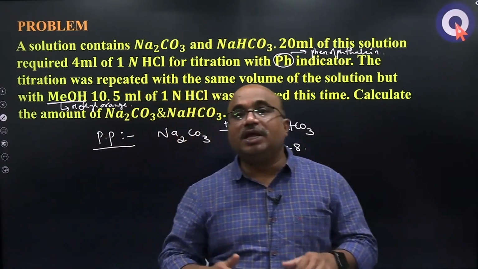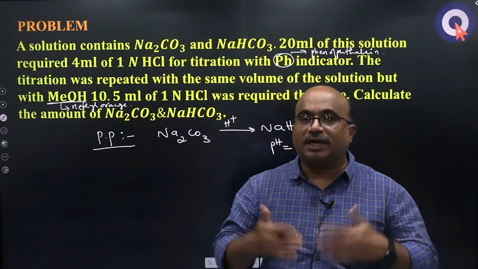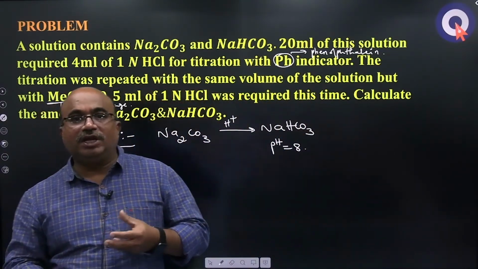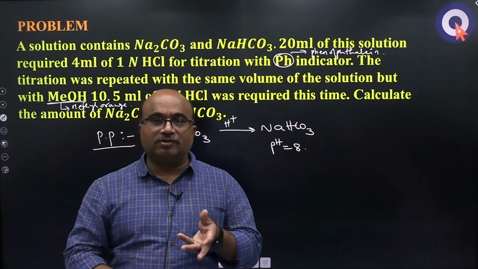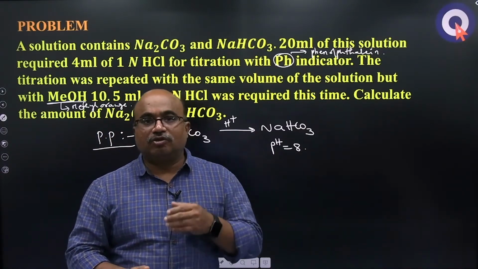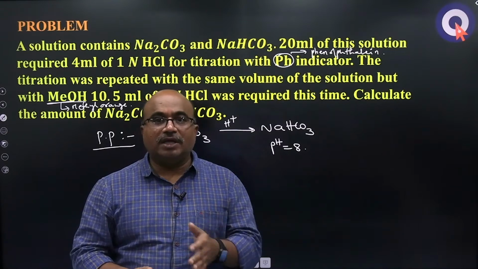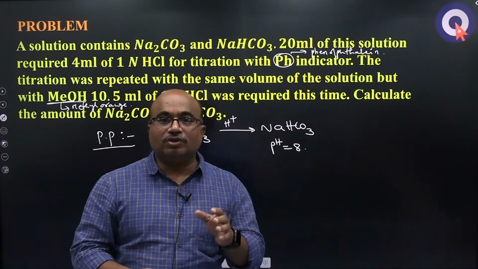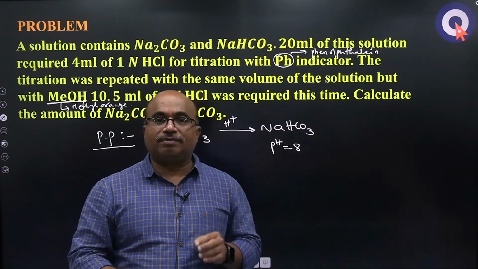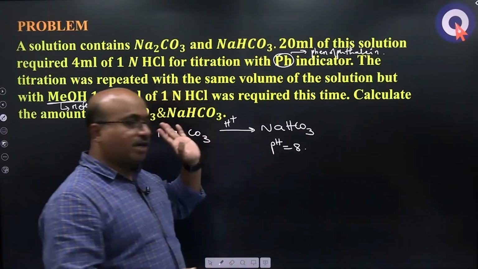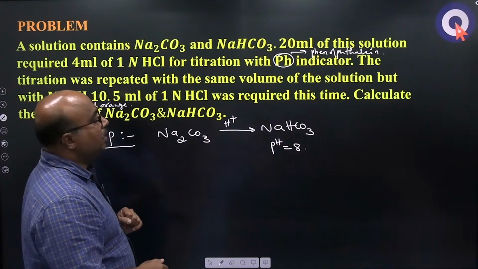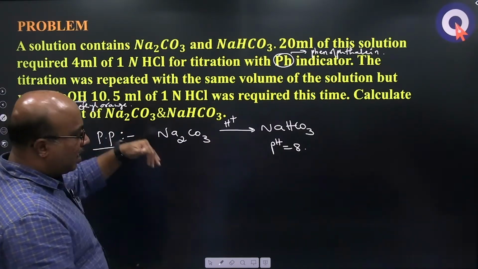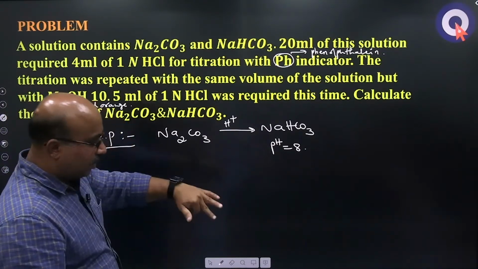So there is no meaning in continuing the titration with it, because the indicator is basically used to know the equivalence or endpoint. When the solution is already completely colorless, there is no further change on addition of acid to the sodium bicarbonate. So there we add another indicator like methyl orange, and that we call a double indicator titration.